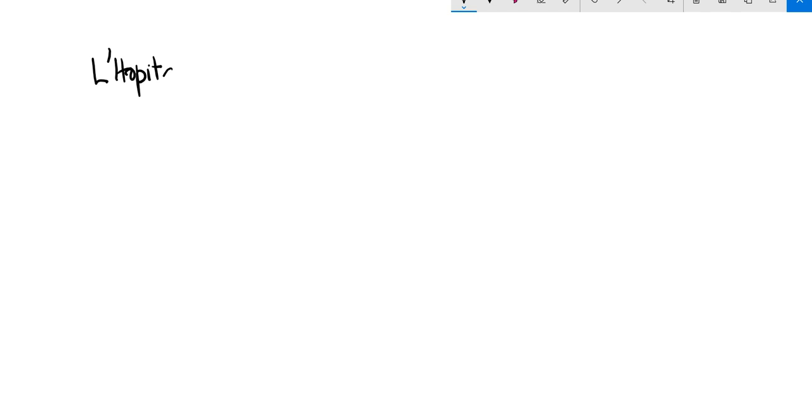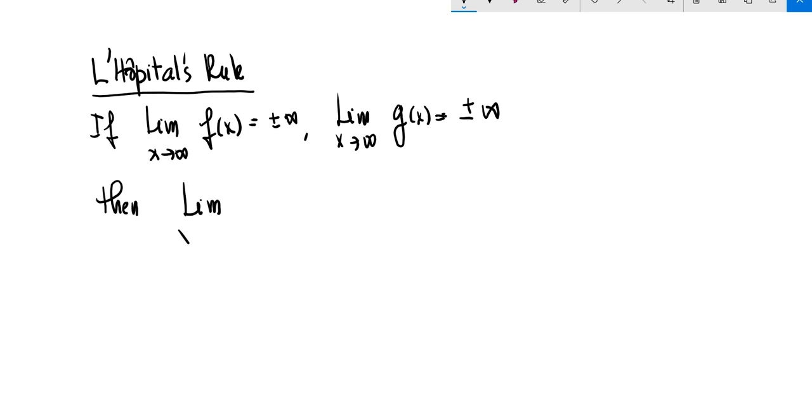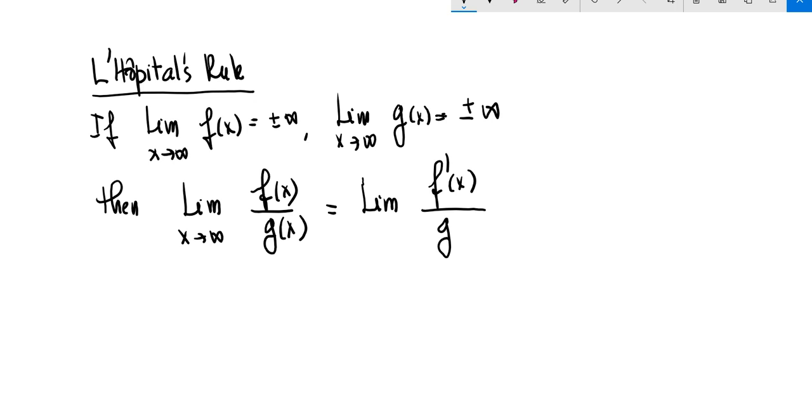So remember that L'Hopital's rule says the following: if the limit as x is approaching infinity of f of x is equal to plus or minus infinity, and the limit as x is approaching infinity of g of x is equal to plus or minus infinity, then the limit as x is approaching infinity of the ratio f over g will in fact be the limit of f prime of x over g prime of x as x is approaching infinity. Okay, all right, so this is what L'Hopital's rule is all about.